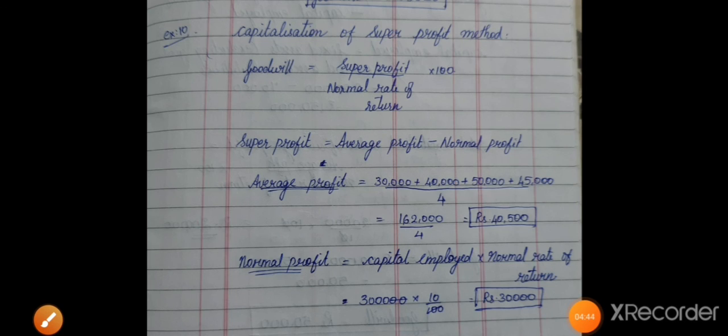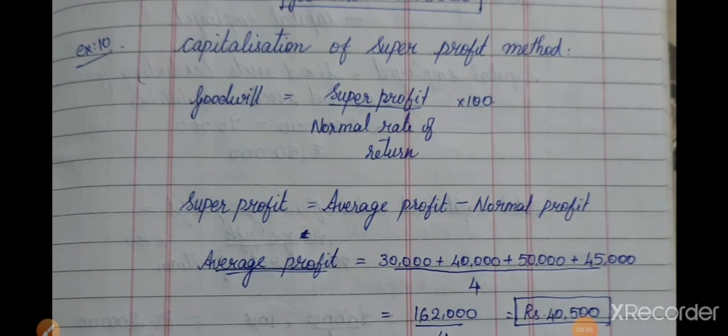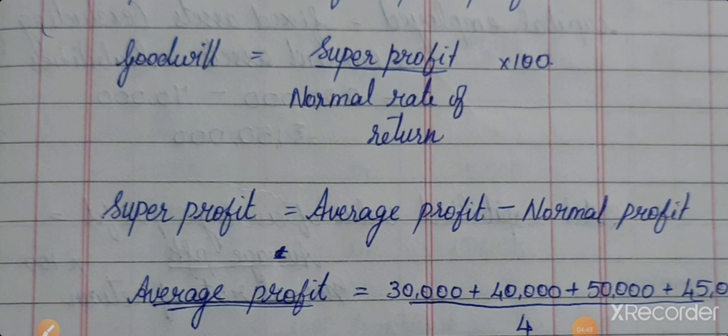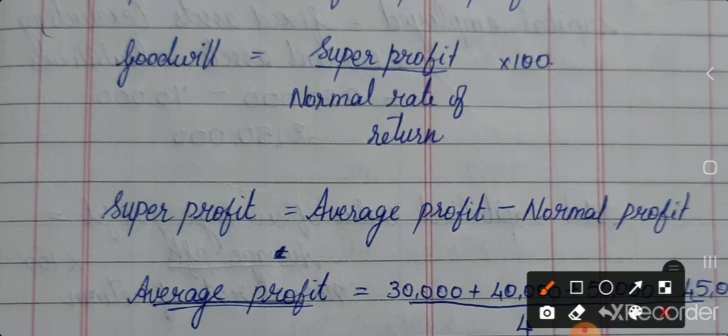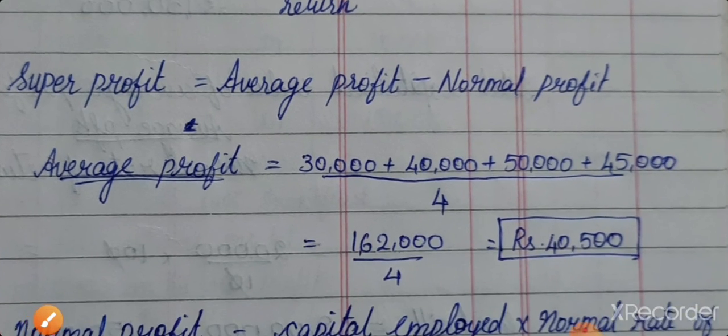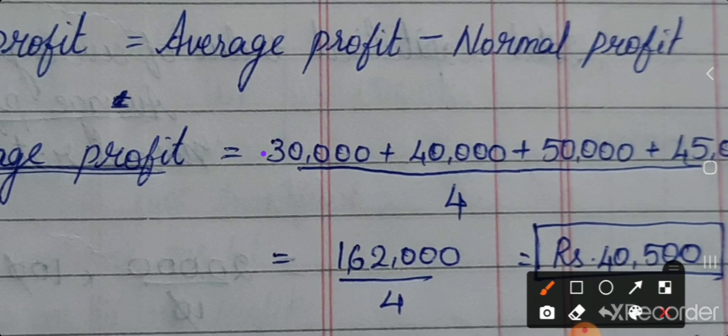Now look at the solution. Goodwill is equal to super profit by normal rate of return into 100. You know the normal rate, it is given in the problem. But super profit you don't know. You have to find out. What is the formula for super profit? Average profit minus normal profit. Now for this average profit, here alone you should make a small correction.